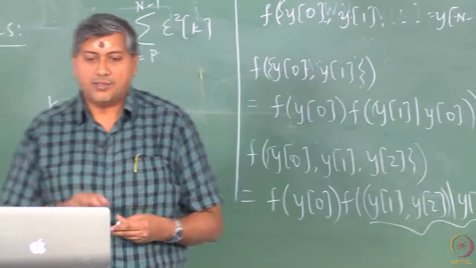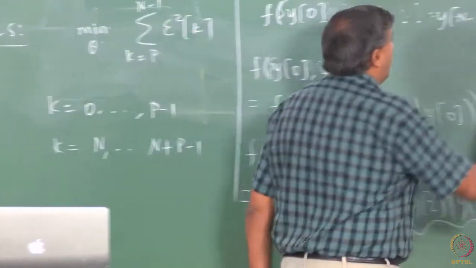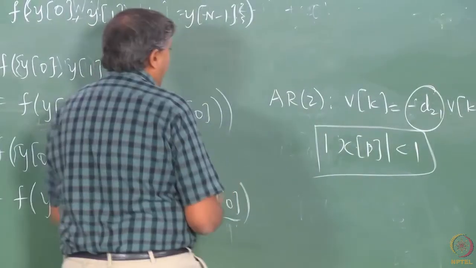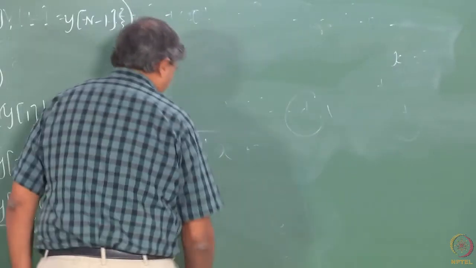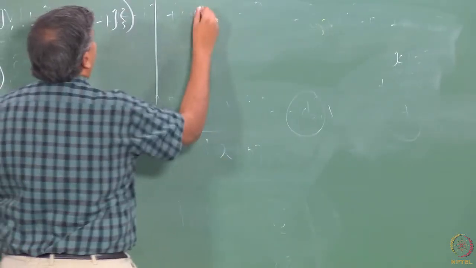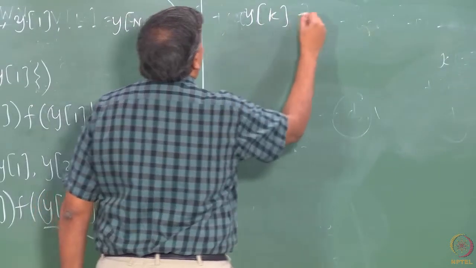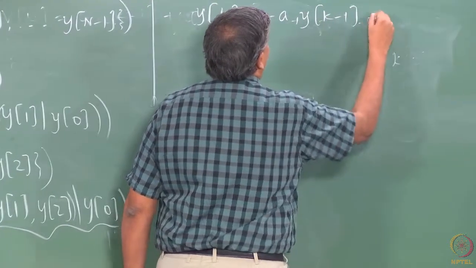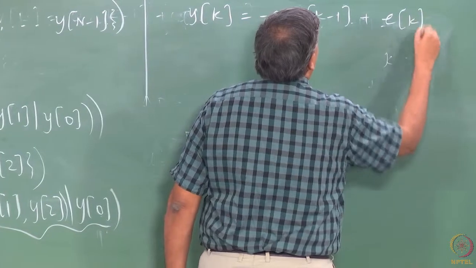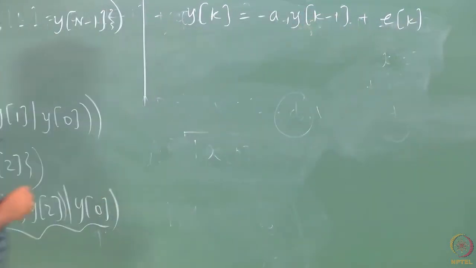Look at the process. The process that we have assumed is very straightforward. Ignore input for now. So, just write here yk equals minus a1 yk minus 1 plus ek. You can always factor in the input later on.